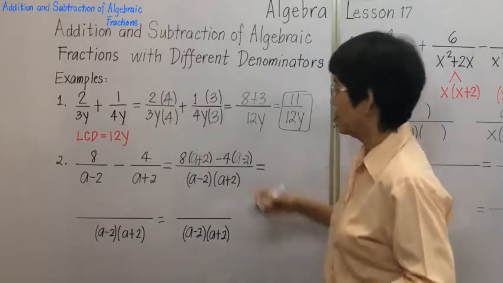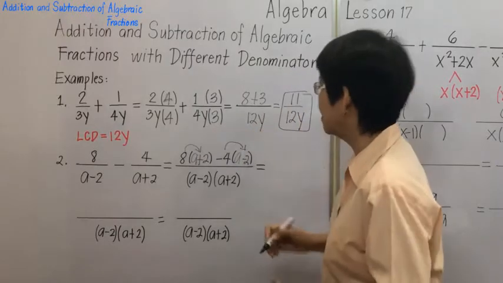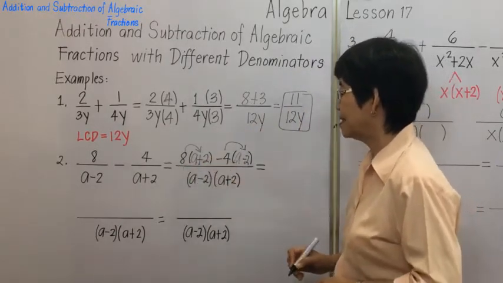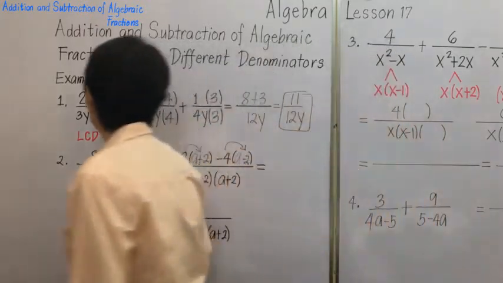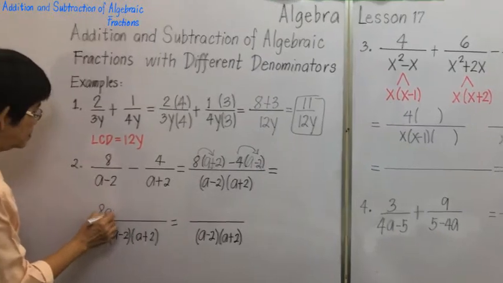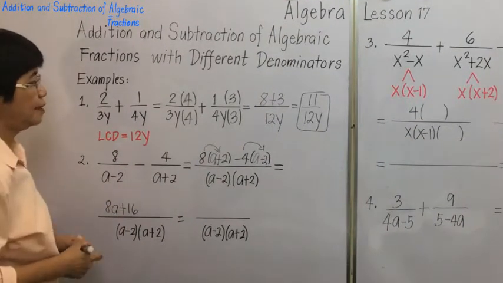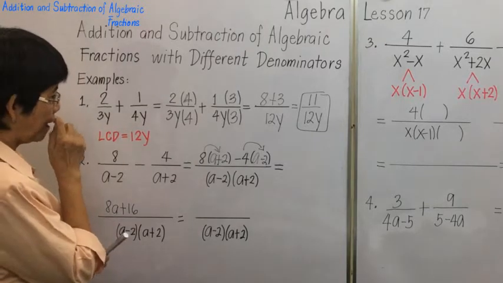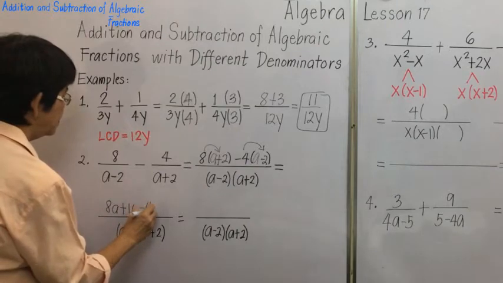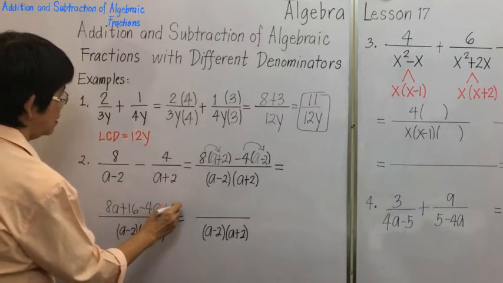And then we multiply this inside and multiply this also. So we have 8a plus 16, and then minus 4a plus 8.